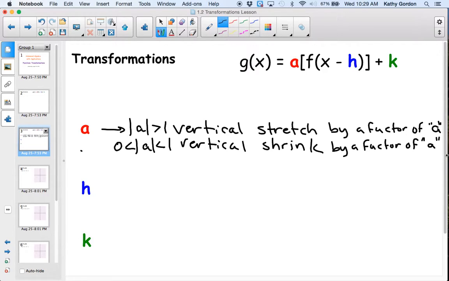All right, does A affect our graph in any other way? You can reflect it. So what does the A value have to be in order to reflect it? A negative number. So if A is negative, if it's less than 0, then we get a reflection through what?